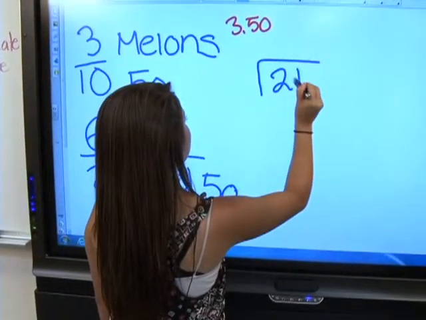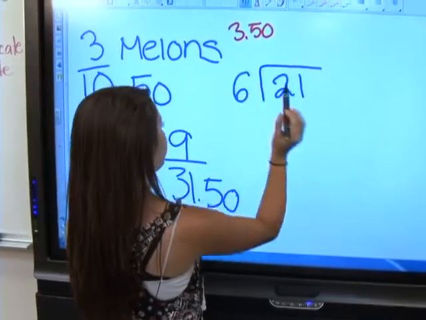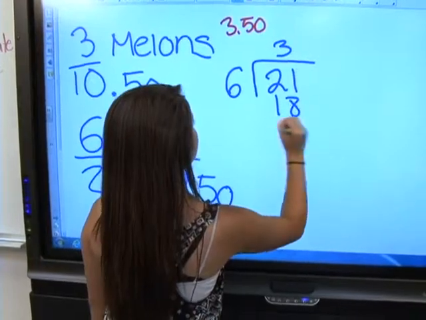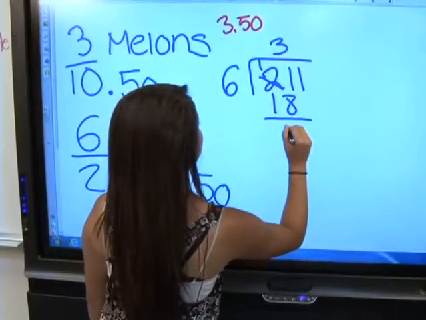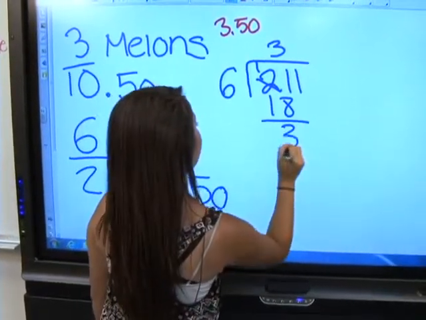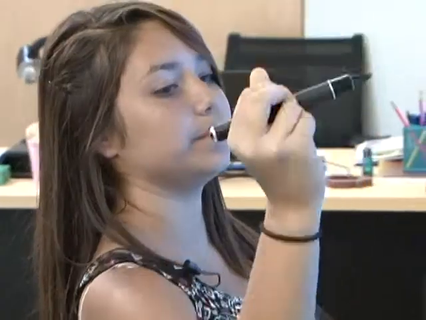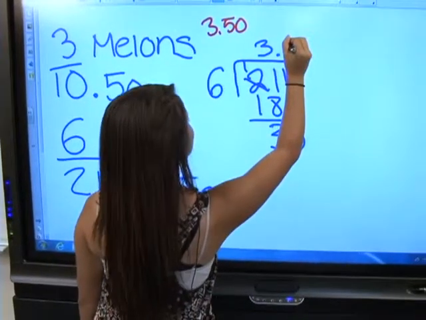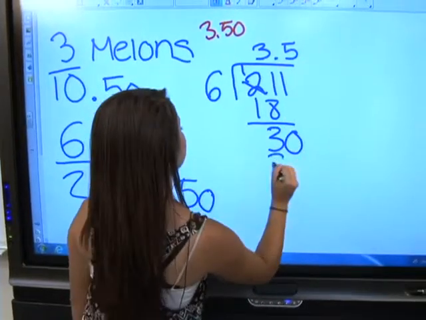So now you've got $21 divided by the 6 melons. Okay, go ahead. Perfect. Good.